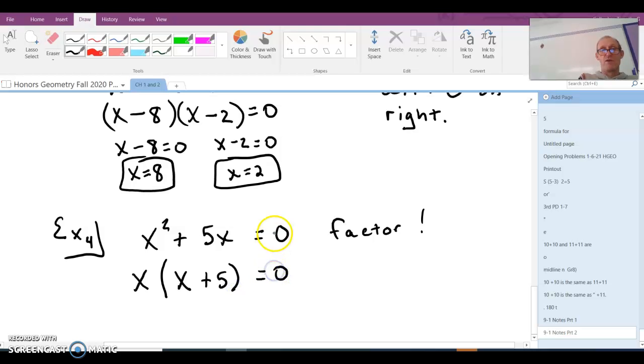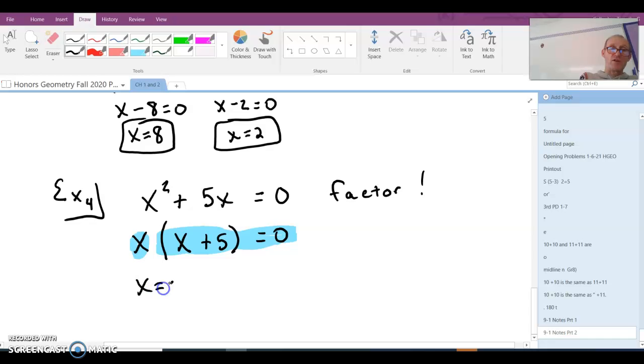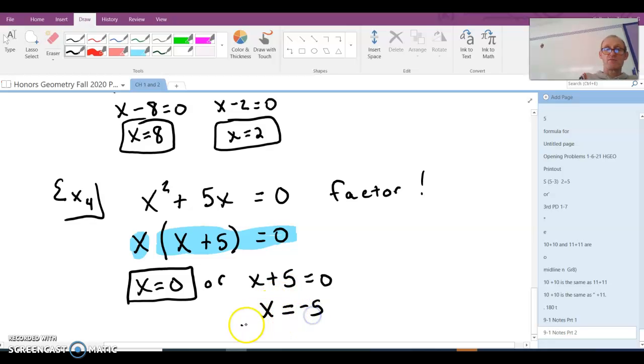And this is equal to 0. Now, just like x minus 2 times x minus 8 equals 0, we have x times x plus 5 equals 0. So we're going to set this factor equal to 0, or x plus 5 equals 0. x is solved for right here, and x plus 5 gives us x equals negative 5.